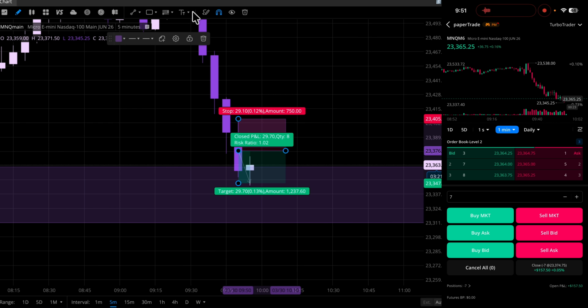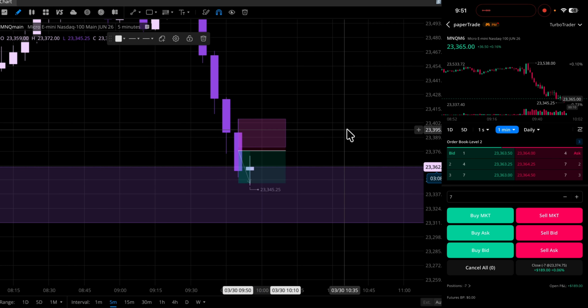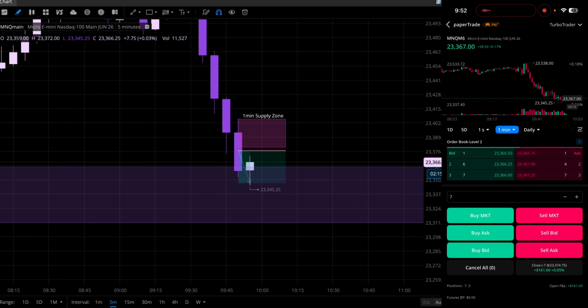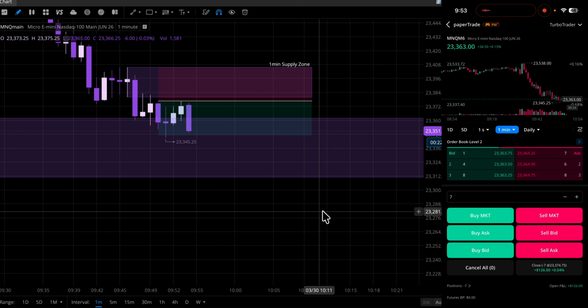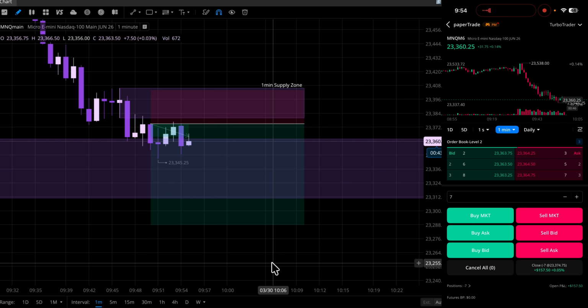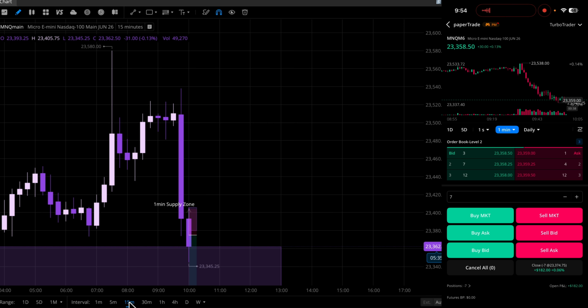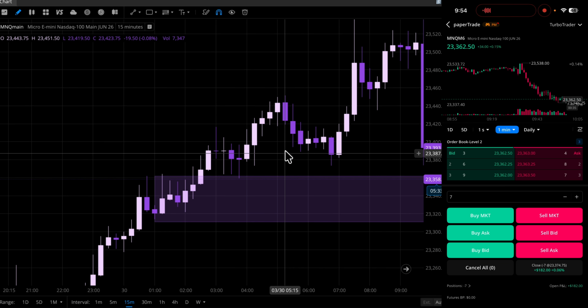I got in on the 1 minute, so I'm already in it. I'm already in the thick of it. It is holding the zone pretty well, but it is closing inside the zone too. So I don't really care for 30-minute zones.